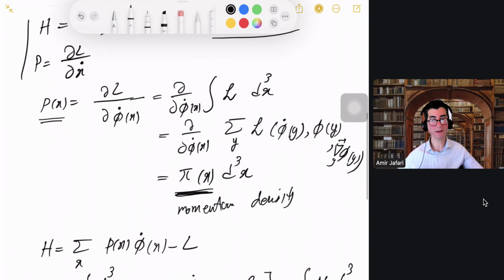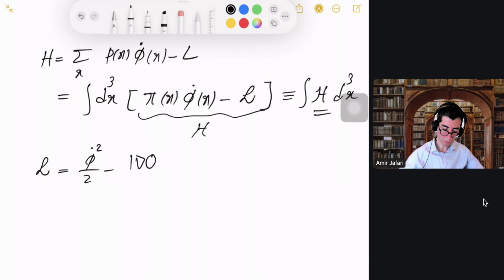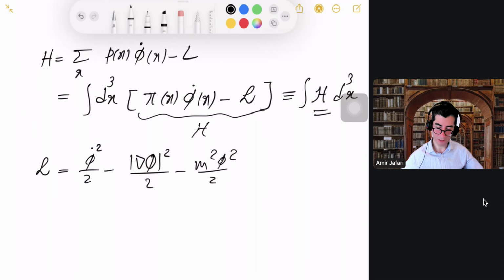So it means that you are working with these densities: Lagrangian density, Hamiltonian density, momentum density, etc. So for example, the Lagrangian for the Klein-Gordon equation would be this, in this form, and I guess I wrote down this expression last time. Now you can use the relativistic notation to write this in this form, which is more common.